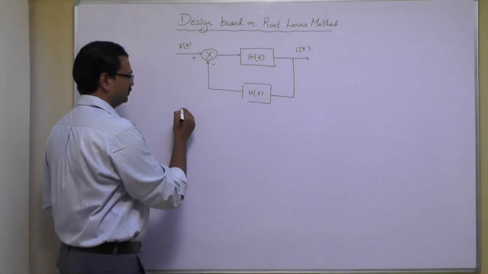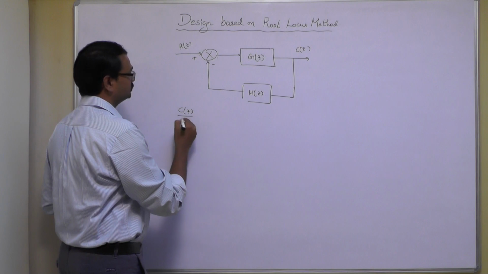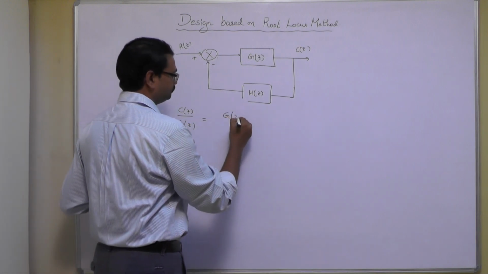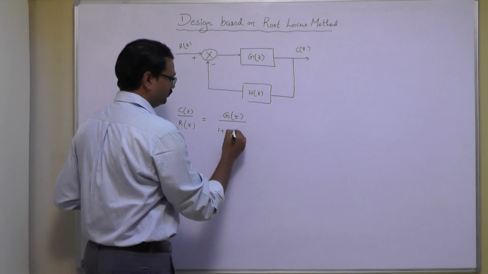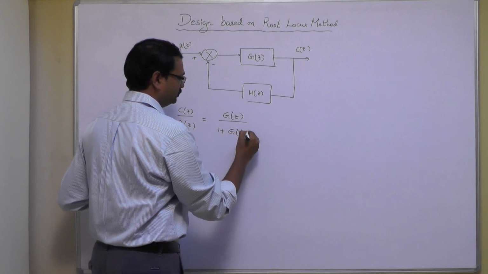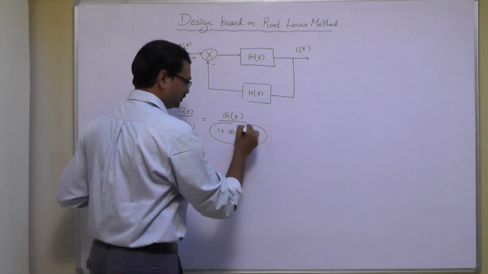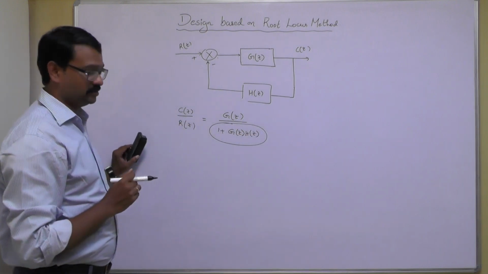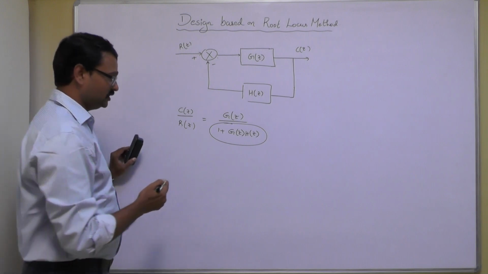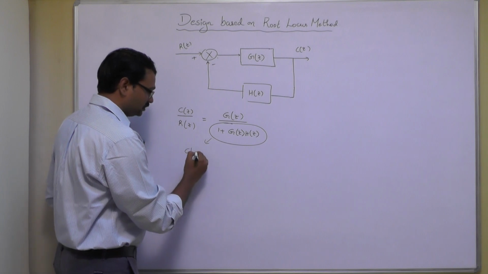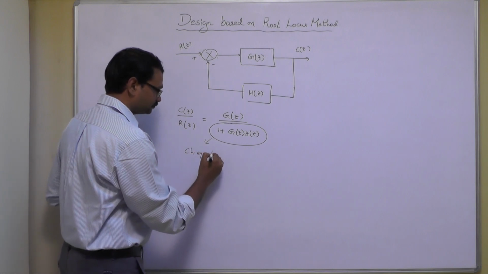Now, what is the closed loop transfer function? C of z by R of z is G of z by 1 plus G of z into H of z. The denominator of the transfer function determines the stability analysis, so this factor is called the characteristic equation.